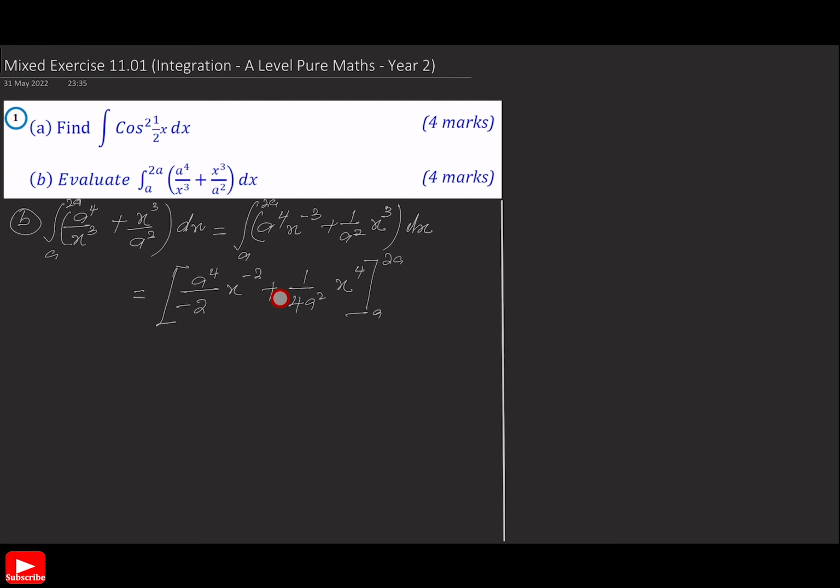I will then write this in a convenient form to facilitate the evaluation, and that will be a to the power 4 over minus 2x squared plus 1 over 4a squared times x to the power 4 between the required limits of a and 2a. I'm now going to substitute 2a into this expression and also a into the same expression and subtract them as follows.